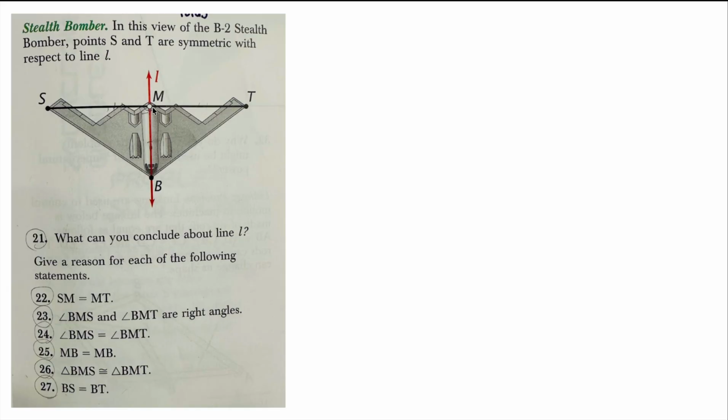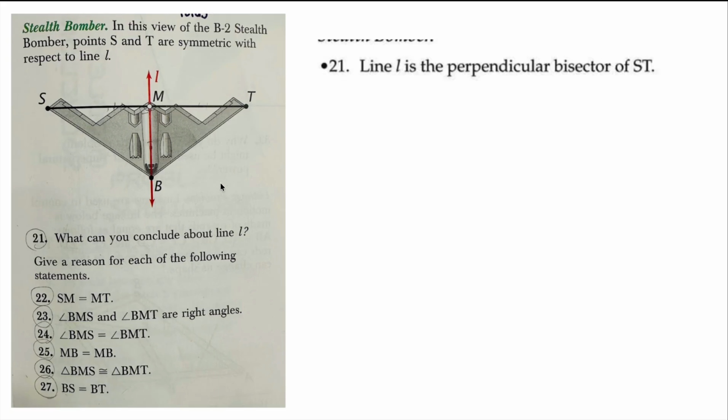So what can you conclude about line L? Give a reason for each of the following. What can we guess about this red line L? Well, we know that line L is the perpendicular bisector of ST, and this goes with our Theorem 16.